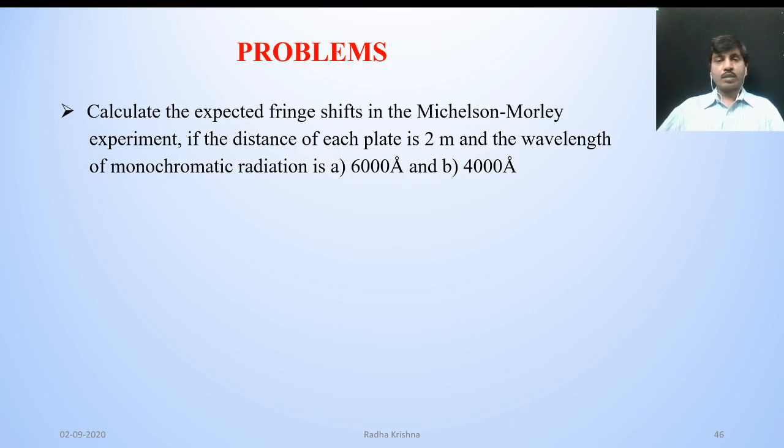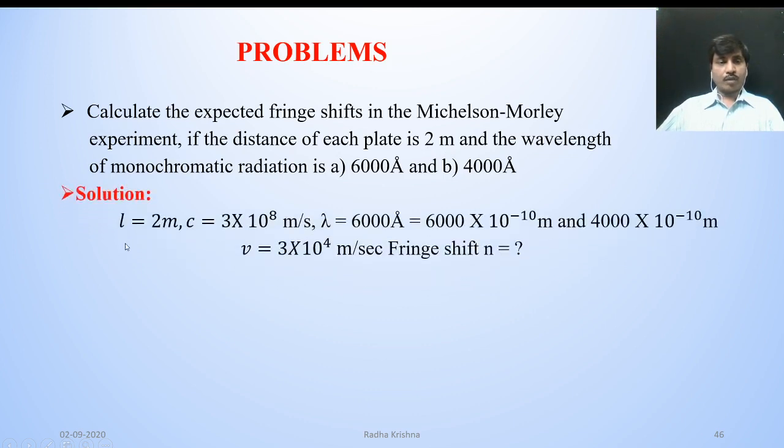That means the experiment is performed using two types of wavelengths. In the Michelson-Morley experiment, the glass plate and mirror are placed at a distance of 2 meters.